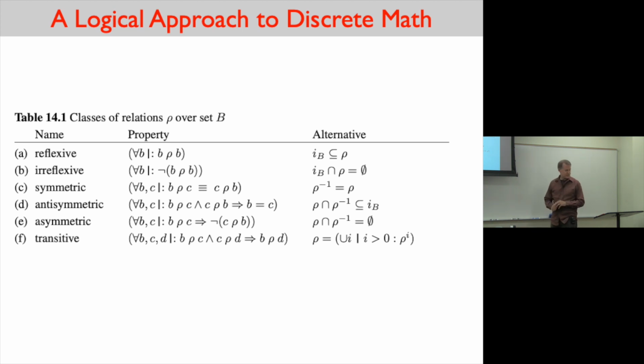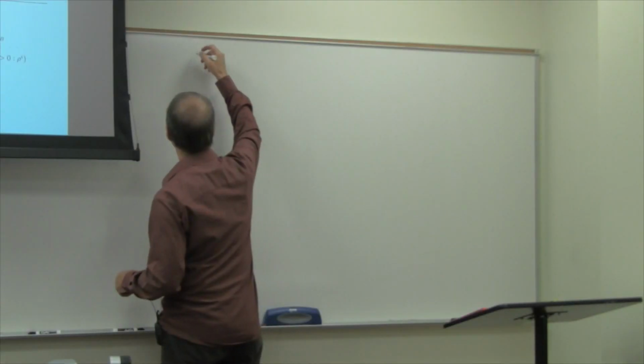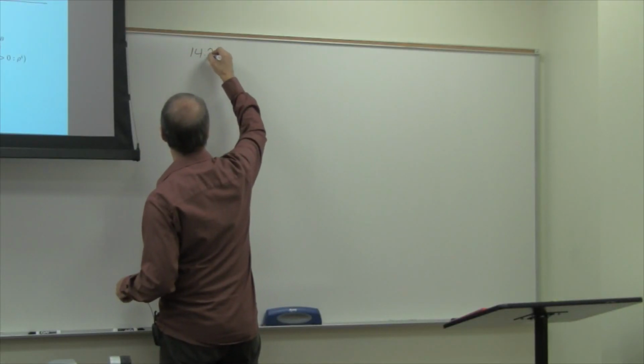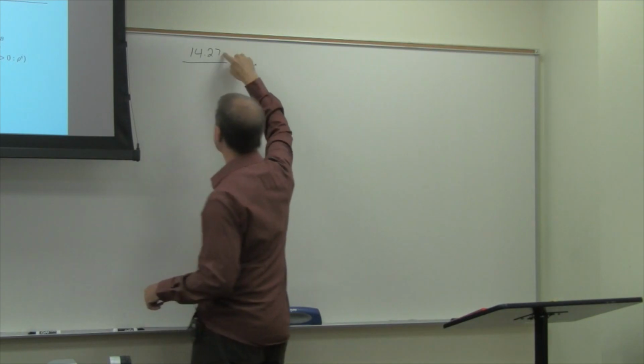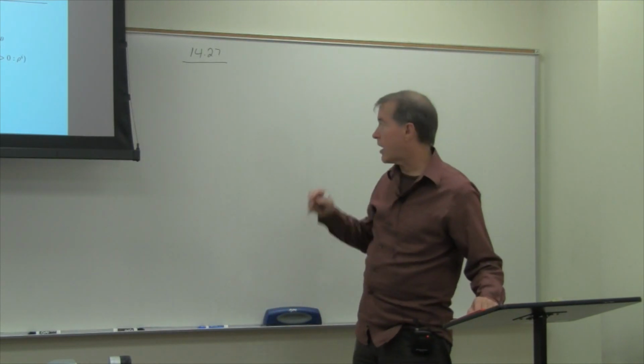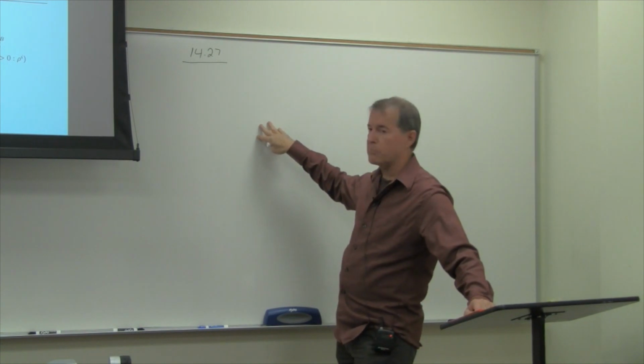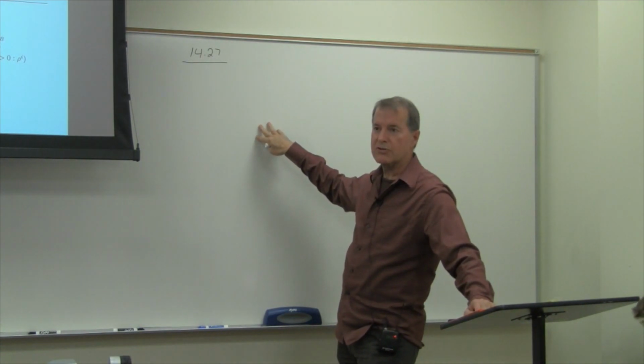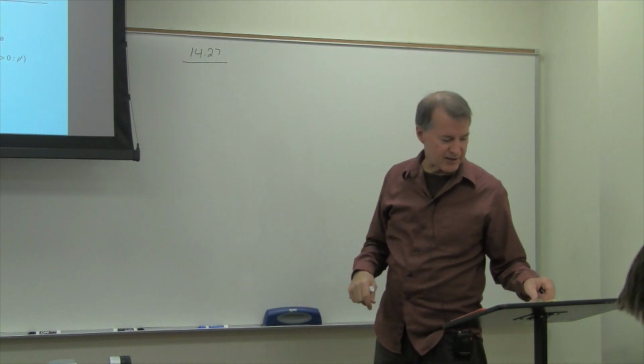The other one is exercise 14.27. And because it's an exercise, we won't put parentheses around it. And here's what you should do with 14.27. The solution to 14.27 should be in the shape of a table, and the table should look like this.